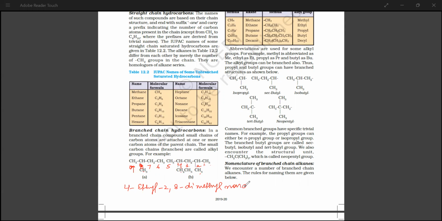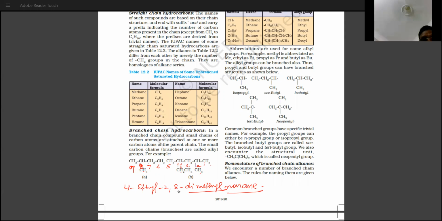Total 9 carbon atoms are there, so non, and between carbon-carbon single bond is there, so ane. 4-ethyl-2,8-dimethylnonane. This will be the IUPAC name of this compound.